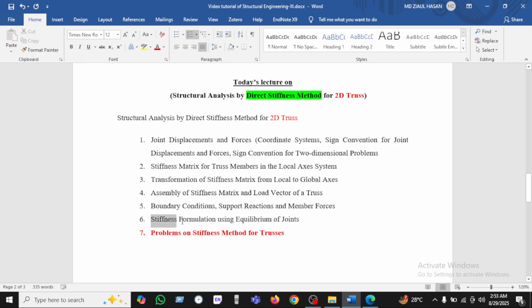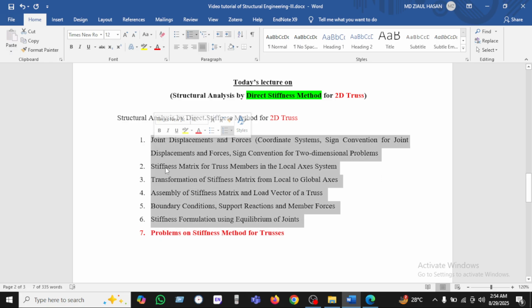Then we can see the stiffness formation using the equilibrium of joints, and last we will see problems on the stiffness method for trusses. This is the important part, the theory, other than the mathematical part. So let's see the theoretical part.